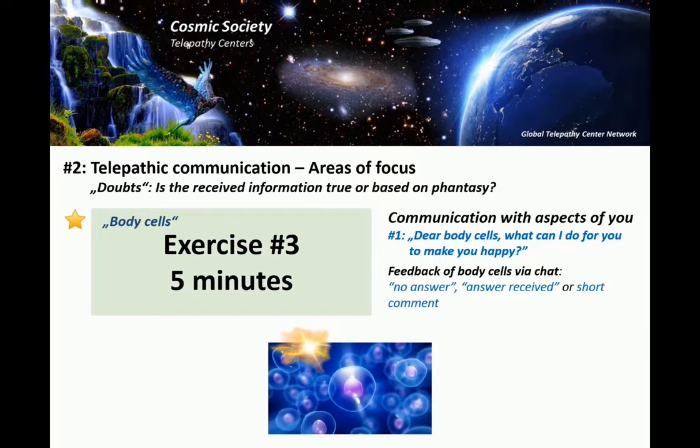And if you have received an answer, you don't need to put down what the body cells told you, just mention answer received. And if you like, if it's interesting for you, if you like to share that with us, just write down in the chat a very short comment. Okay? So what we now do is we start with aspects of our body.